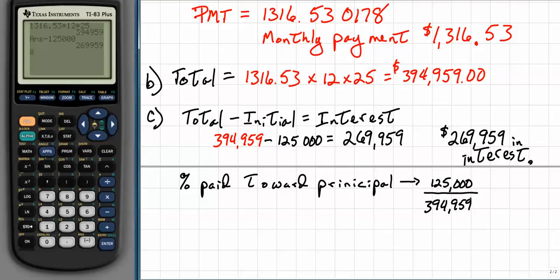So we can put that into our calculator, 125,000, and we'll divide that by 394,959. We'll press enter, and we'll have 0.31648.